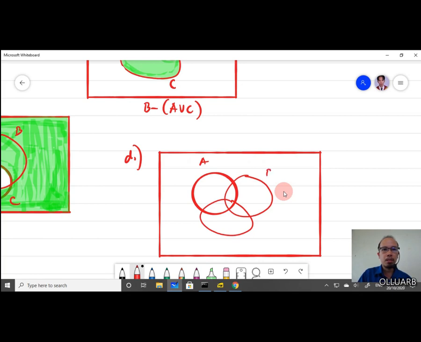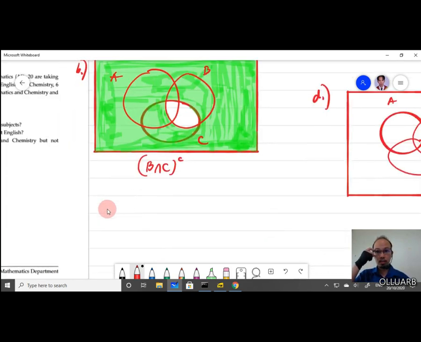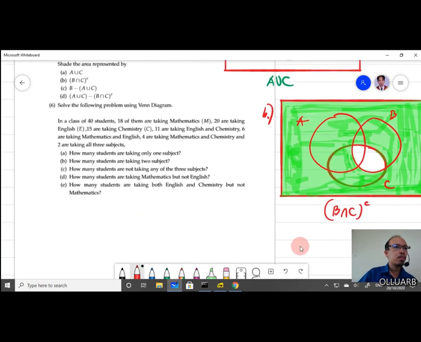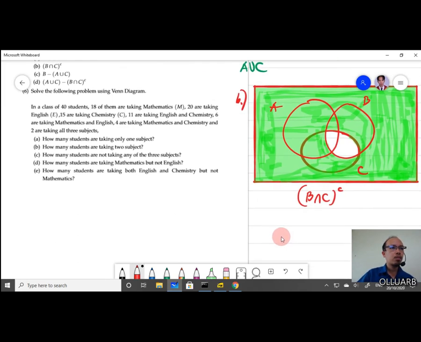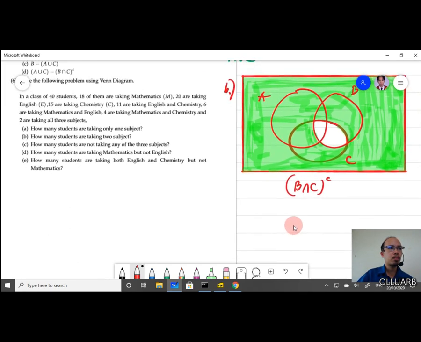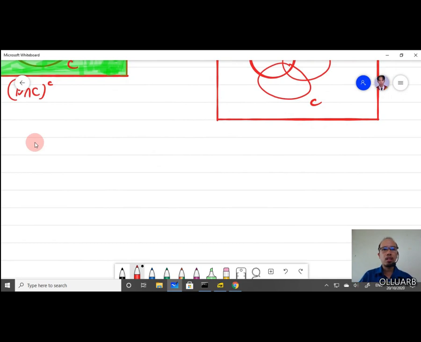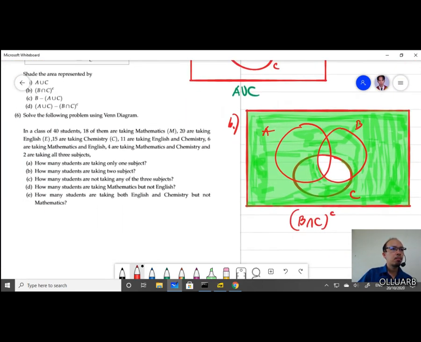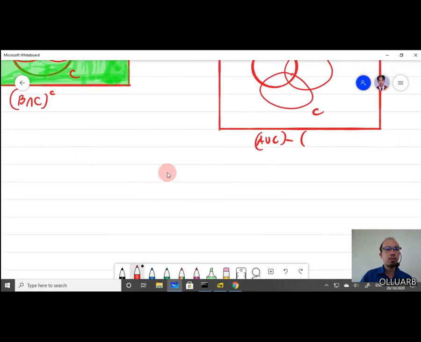We have A, B, and C. So our problem is A union C minus B intersection C complement.